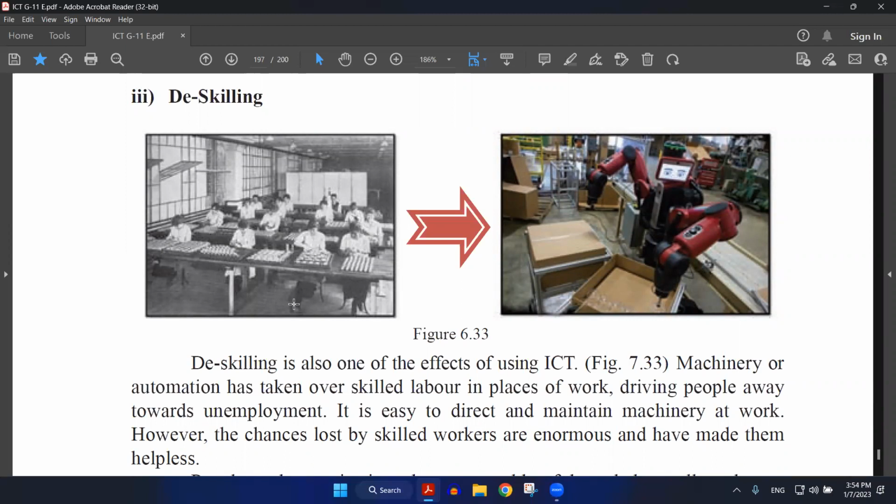If you think about a particular automobile manufacturing company, it is fully automated, more than 90% of the factory. Earlier, this chance was given to humans, and they got paid and managed their families. But now that chance is being taken over by the machines.